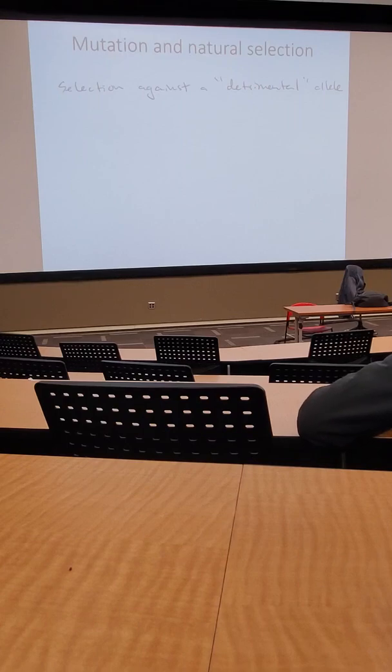It means it's the least fit allele, right? The negative effect of this is on fitness. Detrimental means the fitness of this allele is lower. And then we're going to have mutation from kind of wild type to this deleterious allele.